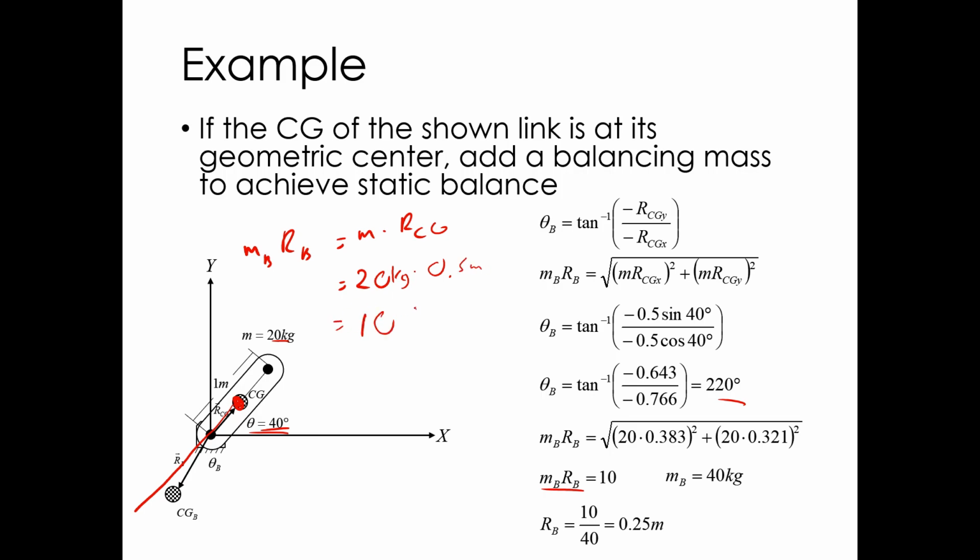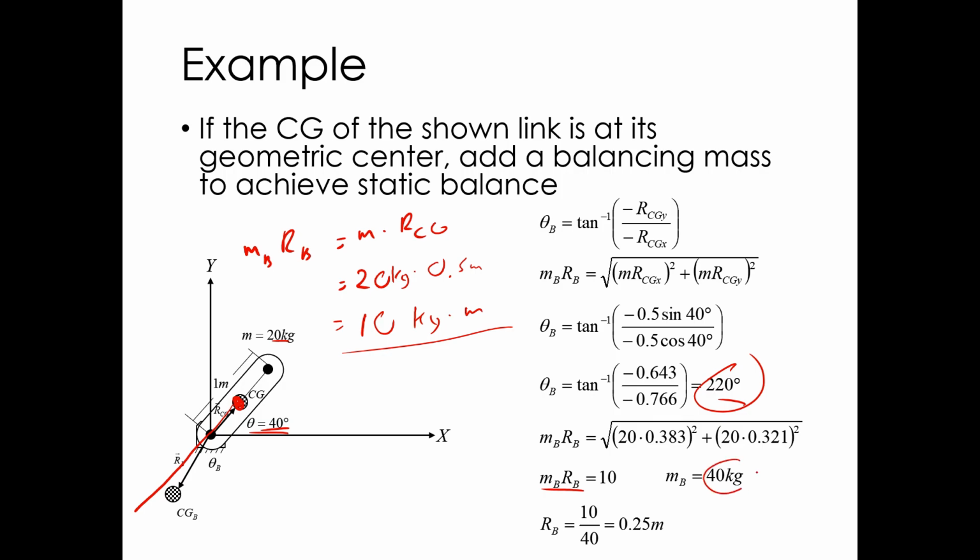So anything that satisfies that 10 kilogram meters works. So I can put 10 kilograms at a meter. I can put 20 kilograms at half a meter. Anything that satisfies that is fine. So I need to go at 220 degrees, and I need mass times radius from the balancing weight to be 10 kilogram meters, and it works.